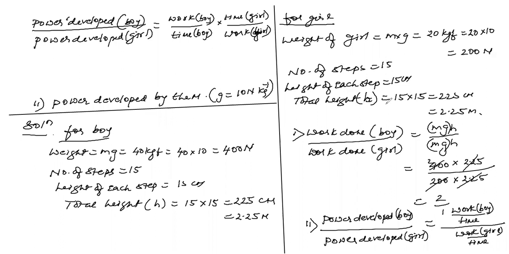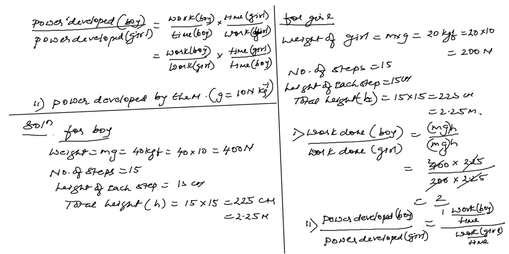So, okay, what will happen is, children, it will become work of boy upon work of girl. I'll take the work together and I'll take the time taken by them together. Time taken by the girl to the time taken by boy.